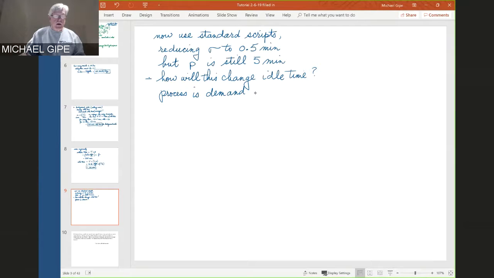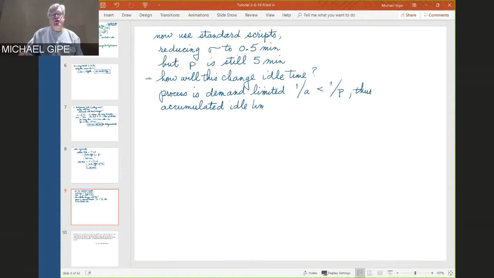So we do have the idle time. And that means that 1 over A is less than 1 over P. The incoming flow rate is less than the capacity, and therefore accumulated idle time.